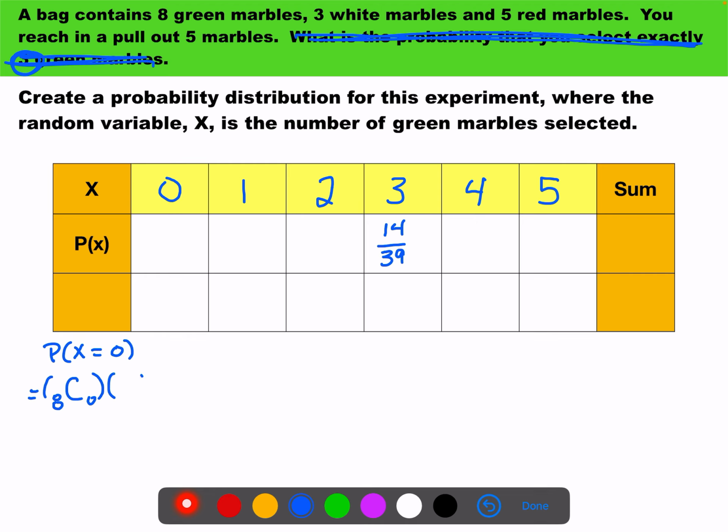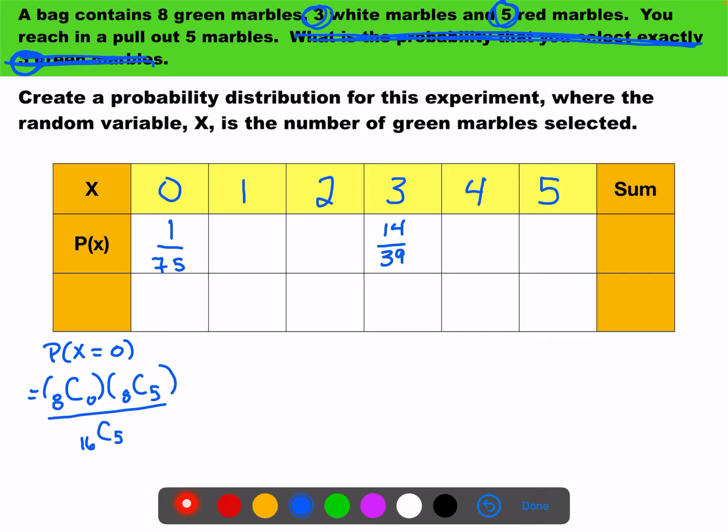That means I have to select 5 of the other kind, the not green, and there are 8 total of those, over selecting 5 marbles from any of the marbles. So 16 choose 5. When you work that out, you end up getting 1 over 75.